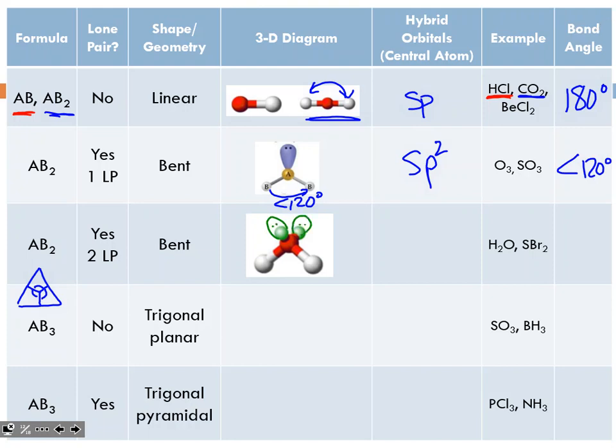Now, in a ball and stick model, you don't always have to draw the lone pairs. You can just draw the atoms, the balls, and the sticks. You can include the lone pairs if you like to. I don't really care. So, hybridization, though. How many things around that central atom? 4. Yes, 2 lone pairs, 2 bonded atoms. So, what's our hybrid orbital have to be?